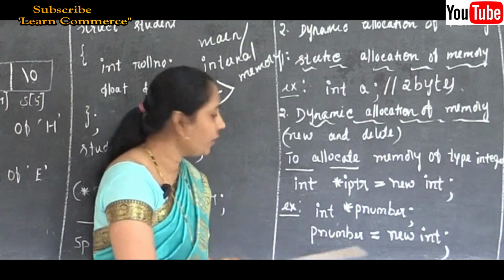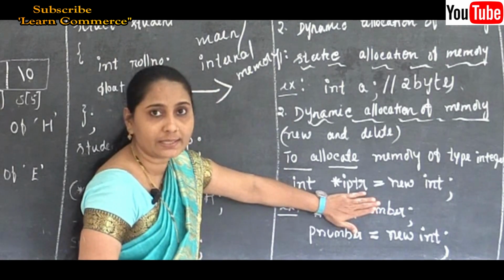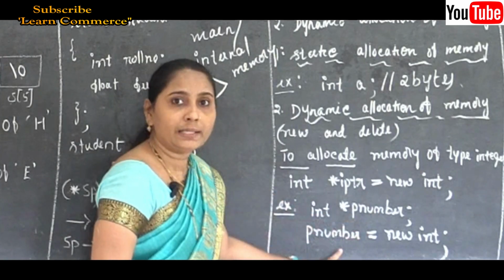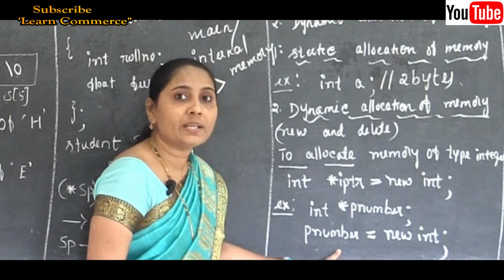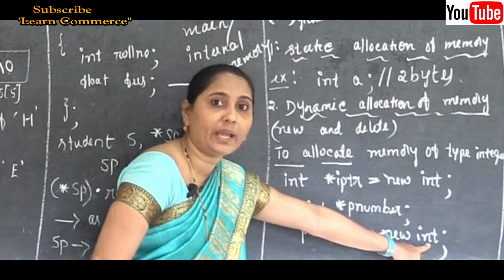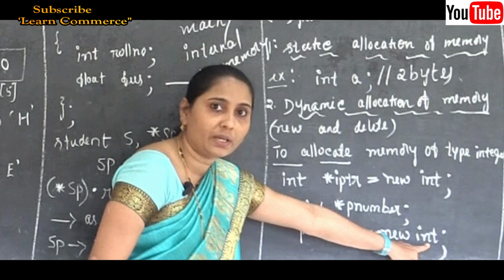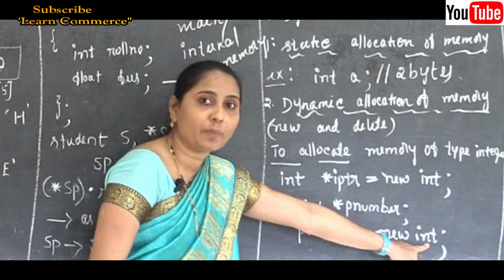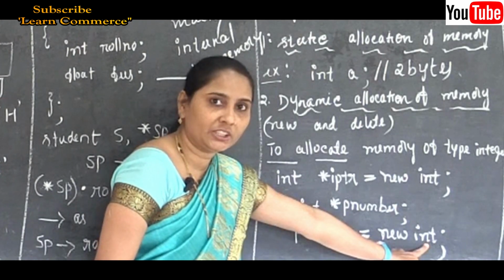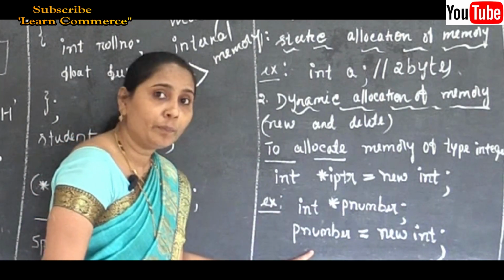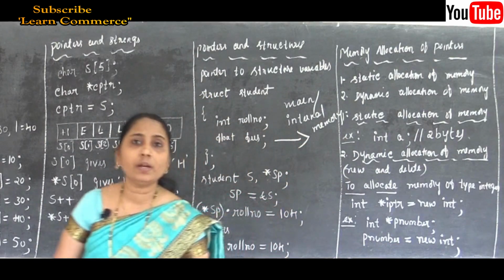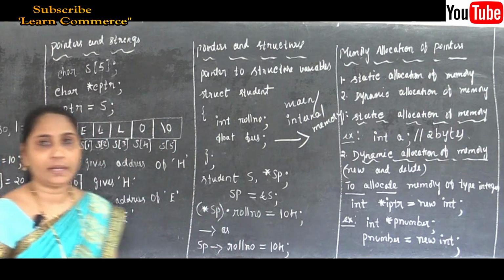The first line declares a pointer variable named pnumber, and the second line allocates some memory space for an integer. I want extra memory in the program, so how am I going to allocate such memory? The second line allocates some memory for an integer, and then makes pnumber point to this new memory. So this is an example of the new operator.